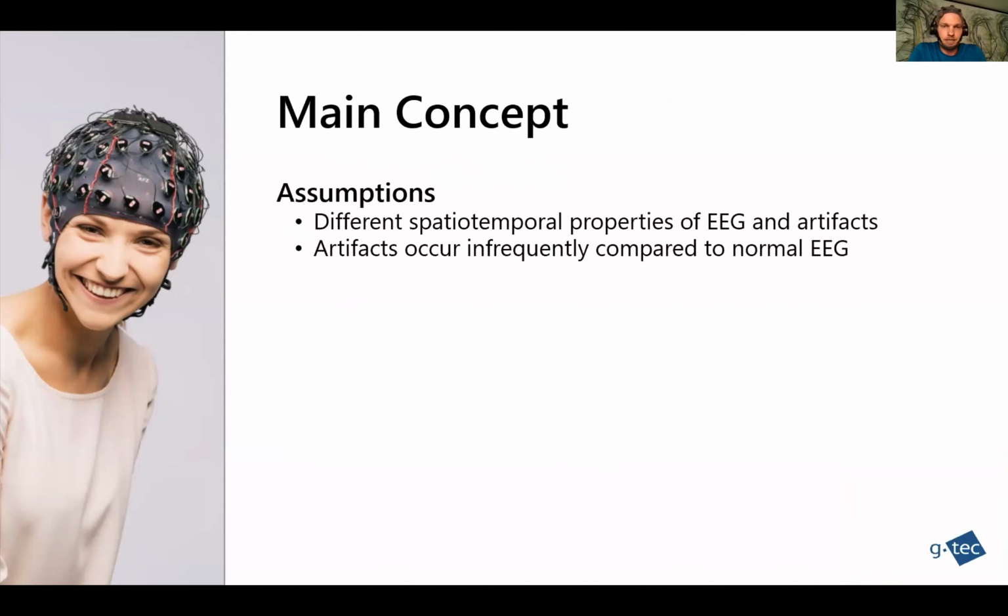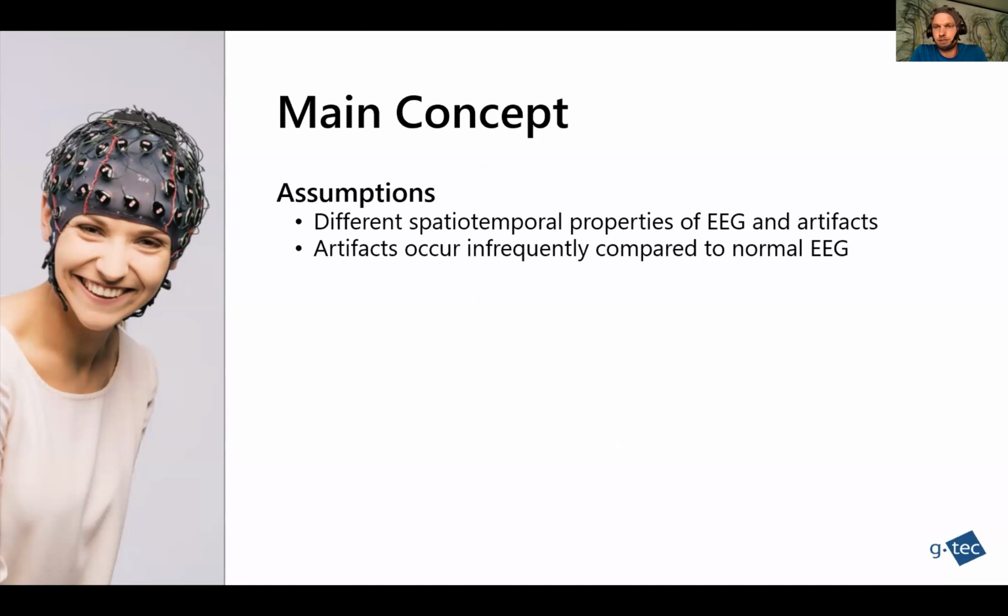The main assumptions, or the premise we had when we were designing OSCAR, were that good EEG and artifacts just have different spatiotemporal properties. They have different amplitudes, they have a different spectrum.